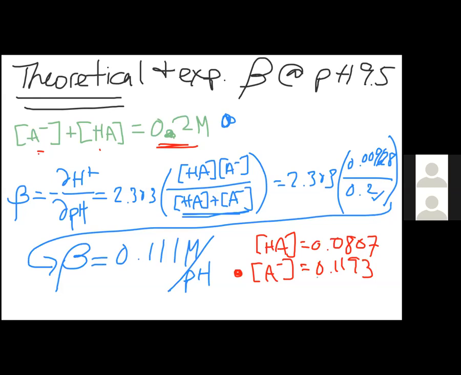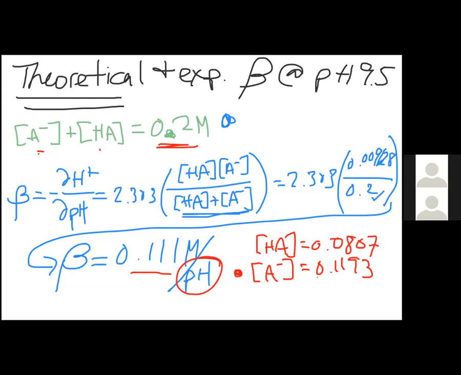At pH 9.5, for this histidine hydrochloride solution, it's going to take a change of 0.11 molar of either acid or base to change the pH by 1. Those would be the units for buffer capacity.